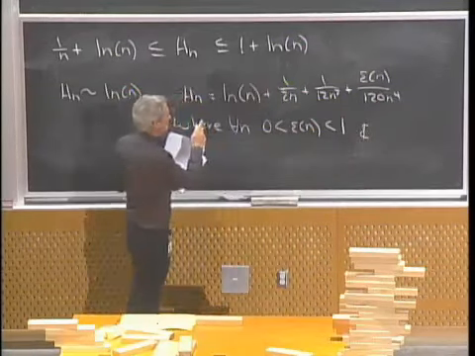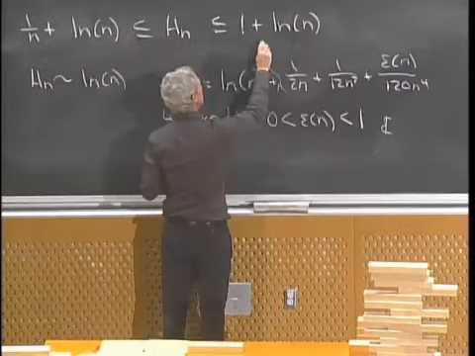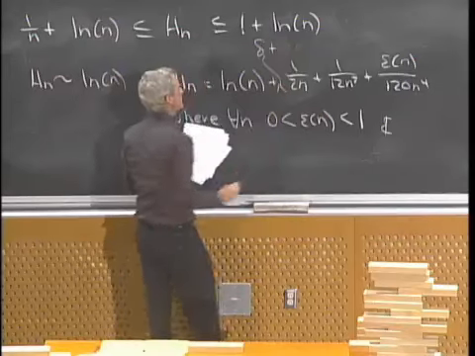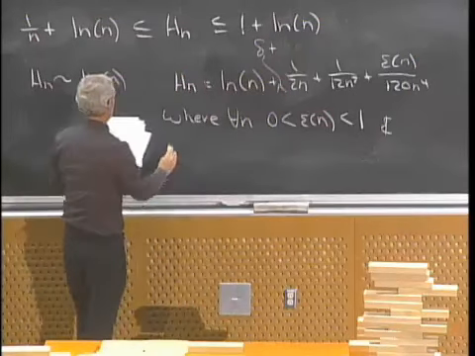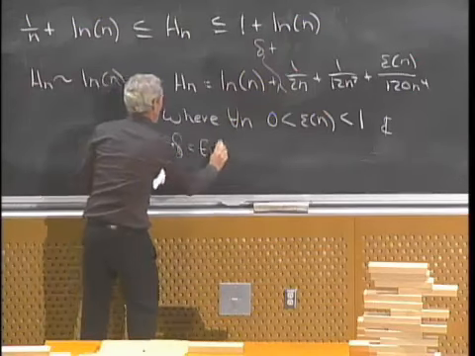Oh, and I left one piece out. Actually, there's a constant term in here, delta, that's called Euler's constant.